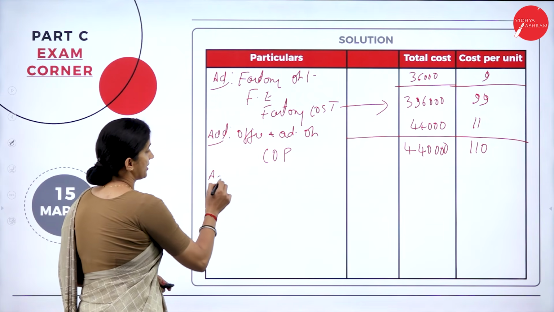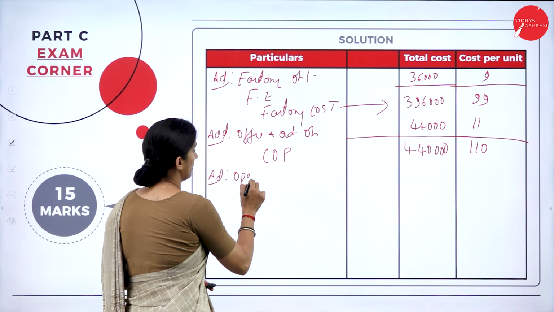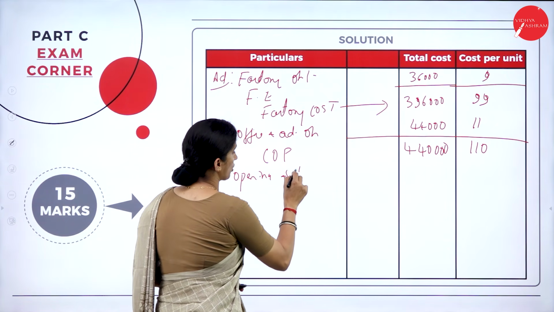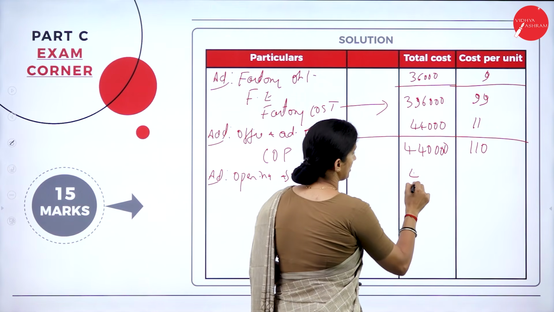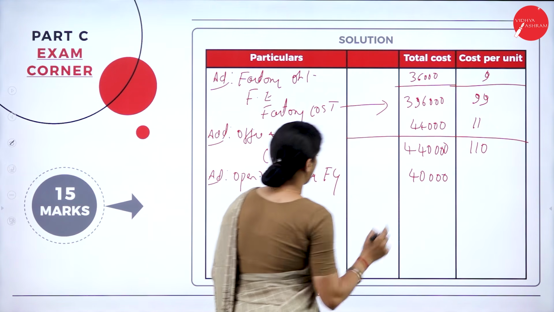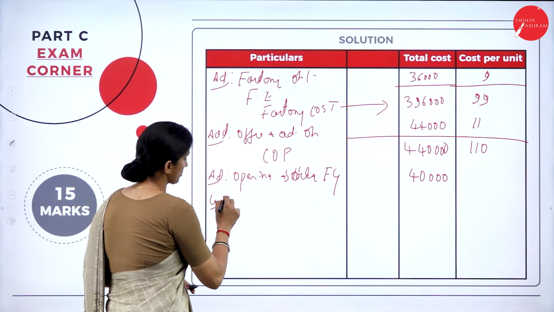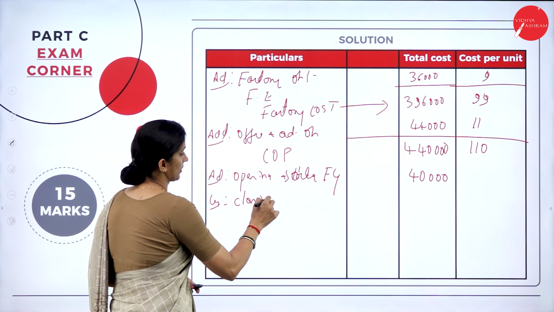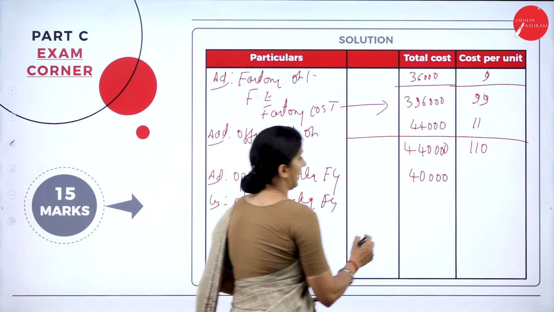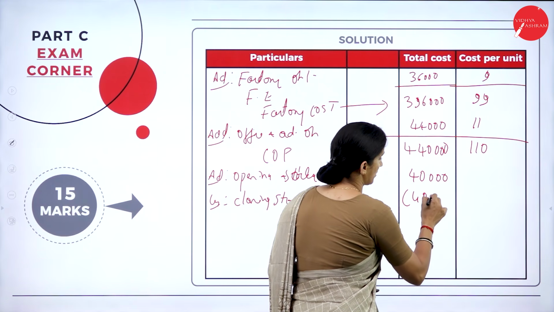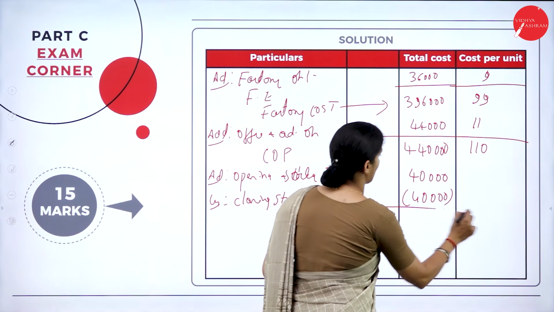Next, we have to adjust your opening stock of finished goods. That is given in your question, 40,000. Again, you have to deduct closing stock of finished goods, again minus 40,000, so we'll write it in brackets.